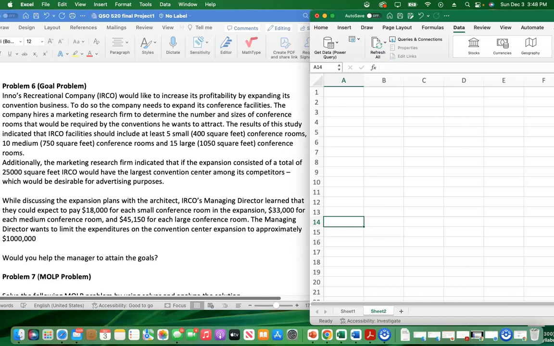Instead of maximizing, minimizing, or getting a desired value, we are going to focus on the goal itself. The first thing, if you can remember, is to start with the model, and we have steps that we're going to follow. The first thing we're going to do is to define the decision variables.